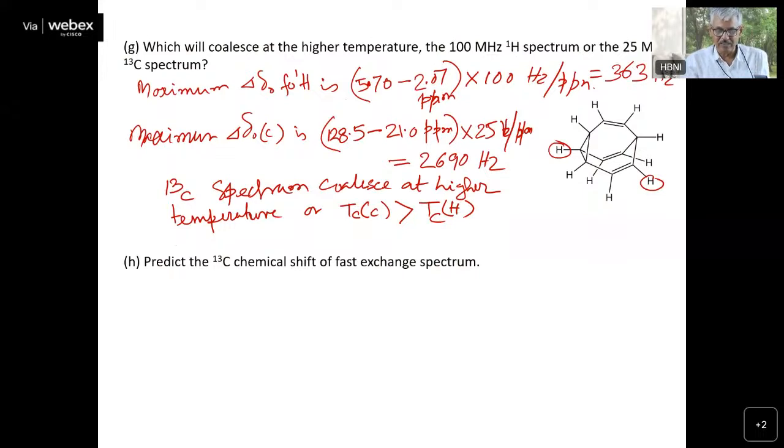Predict the 13C chemical shift of fast exchange spectrum. So exactly the same way what we did for proton, you have to do it for carbon 13 also.